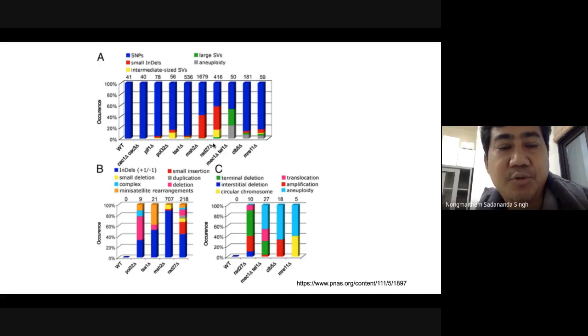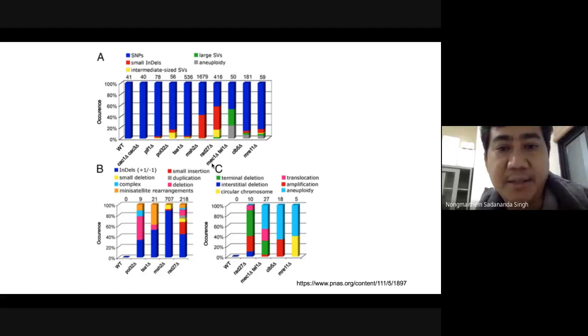If you look at it, what is seen is that most of the mutations in wild type are single nucleotide polymorphisms, or changes in a single nucleotide. Then if you look at a mutant, something like MSH, a lot of small insertions or deletions of nucleotides are seen.